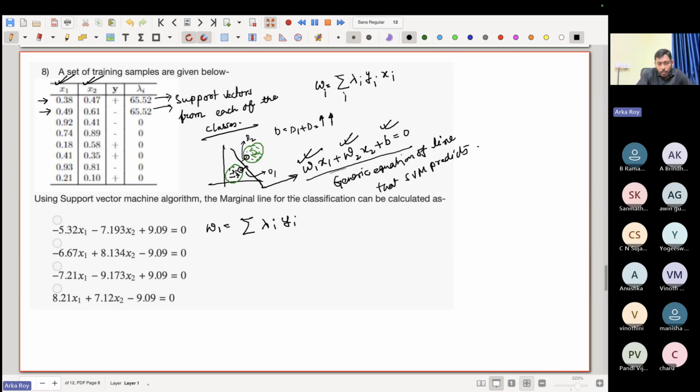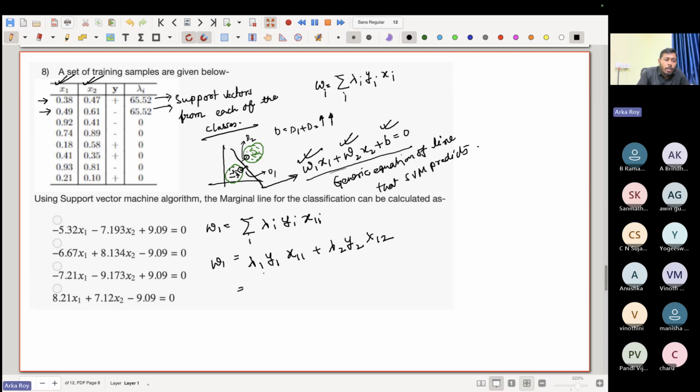So I can further generalize the equation. For all i, it would be lambda 1, y1, x11, plus lambda 2, y2, x12.